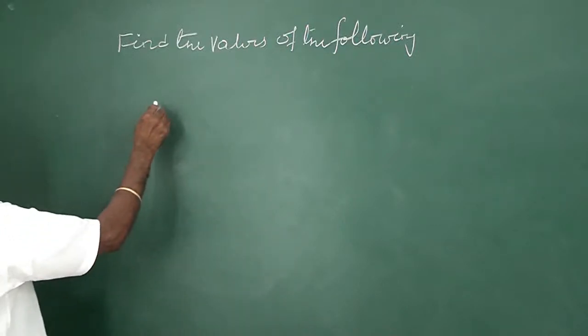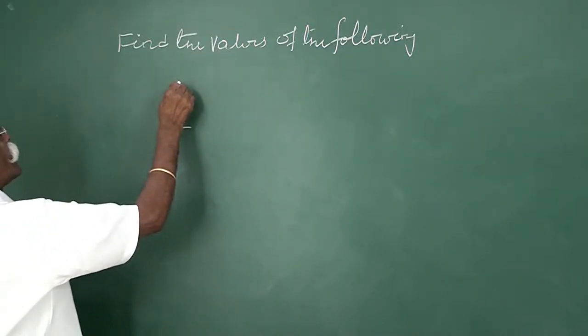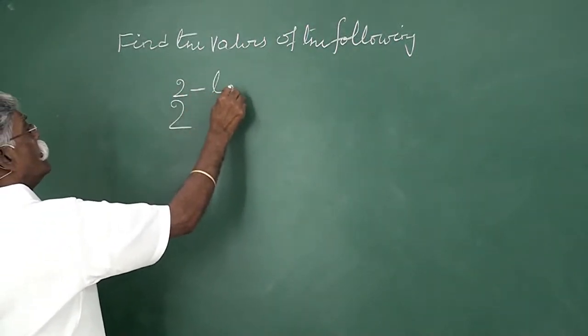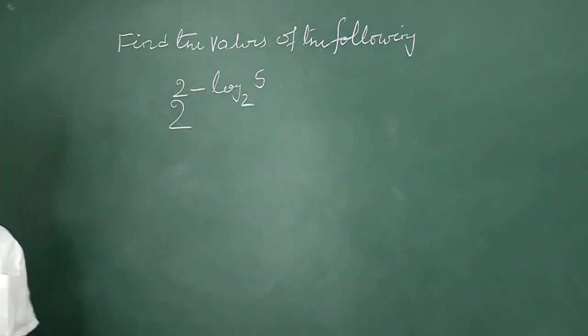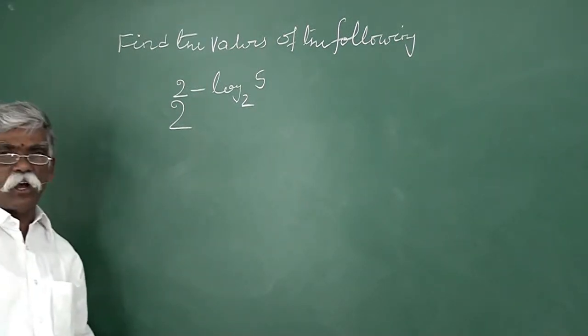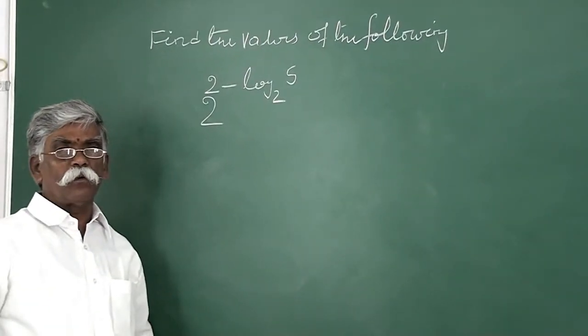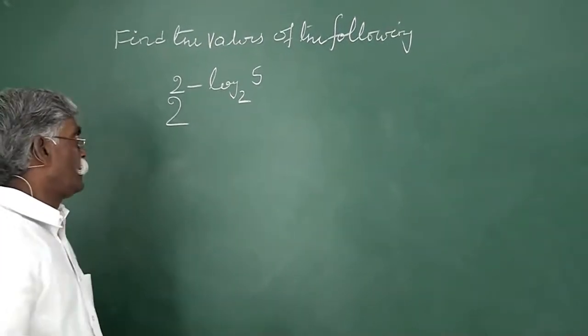The next one, we have to find the value of 2 power (2 minus log 5 base 2). So the given problem is 2 power (2 minus log 5 to the base 2), and we have to calculate its value.